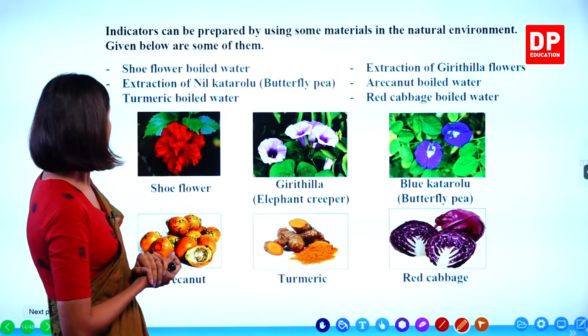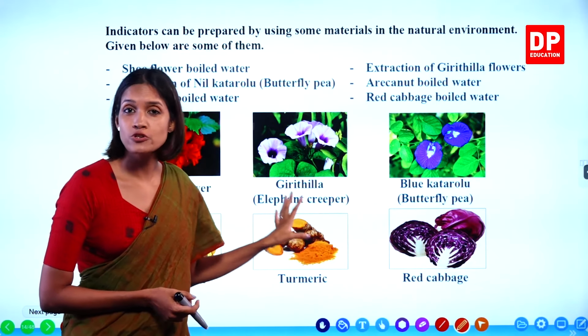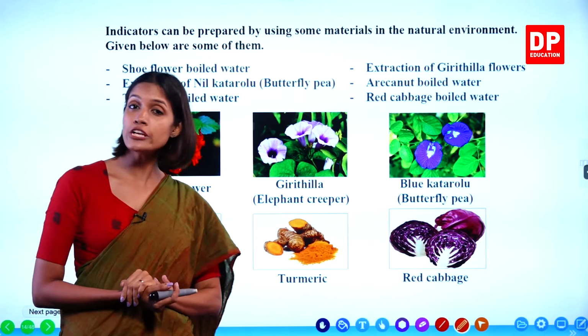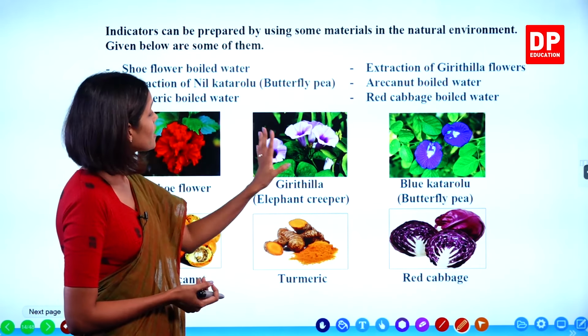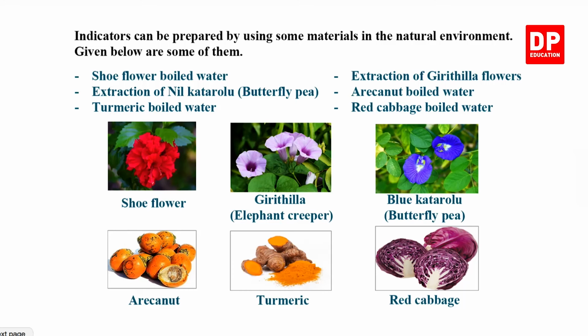Okay, children, right. So we can prepare all these solutions in the same way. I explained to you how to prepare the shoe flower boiled water, remember? So we can prepare all these other solutions also in the same way. These solutions can be prepared and we can test our acids, bases and neutral substances along with these indicators.